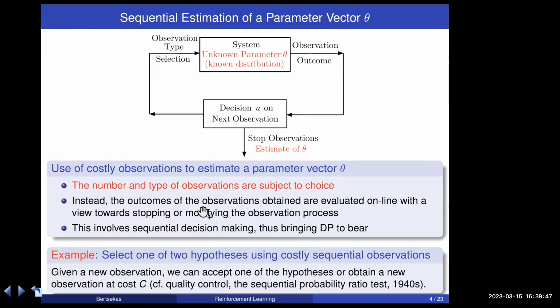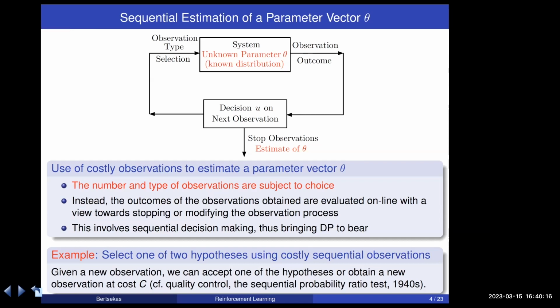Like we want to decide whether a certain batch of a product is acceptable or not acceptable. And we take samples of the product and test them out to see if they are good quality or not. And over time, we update the posterior probability that the batch is defective or that it is acceptable.